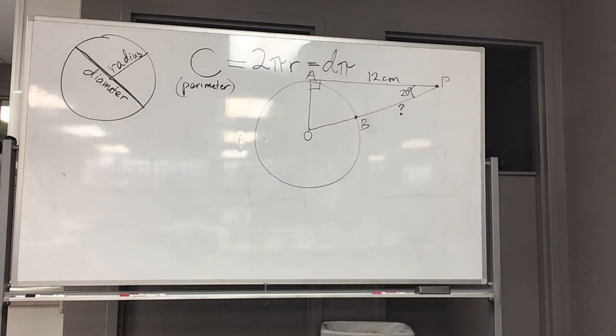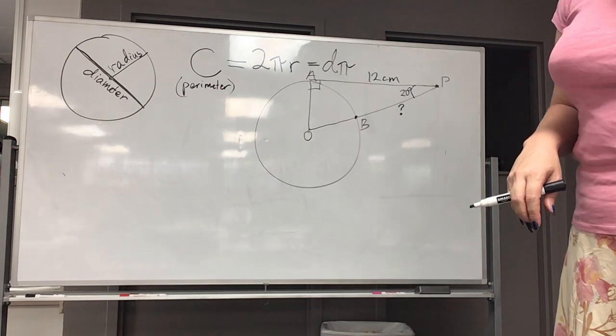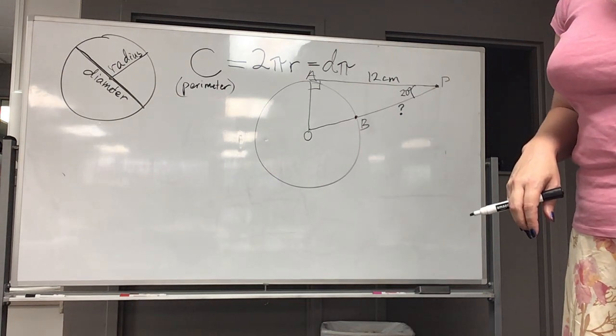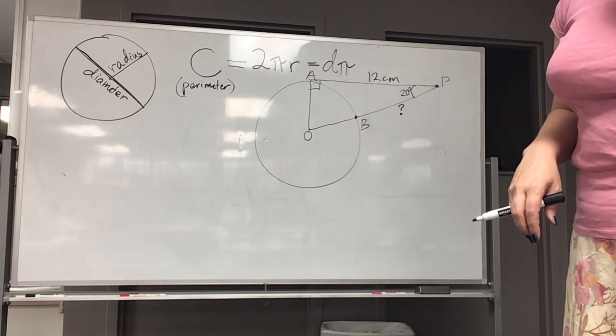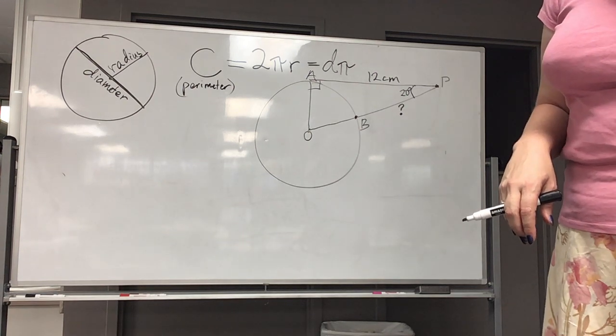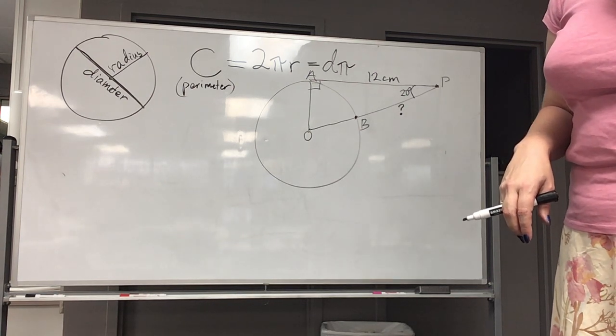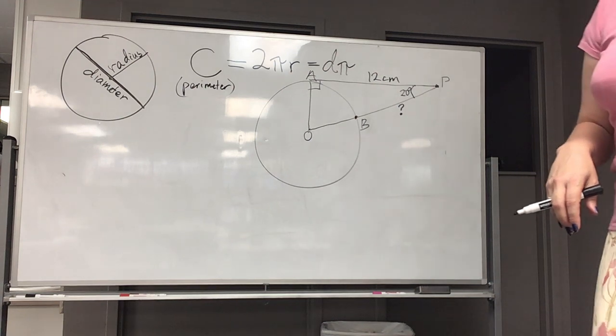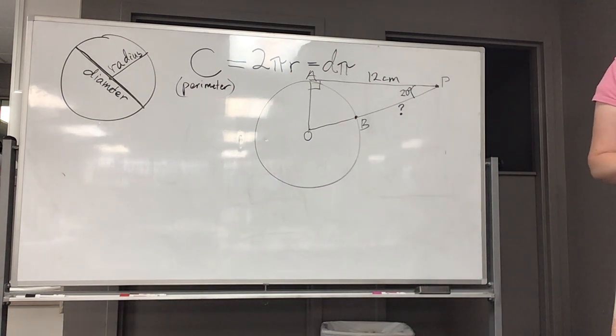So again, we have trigonometric ratios going on because we are given an angle and a right triangle, and we're asked to find a length. In this problem, they say, note, sine of 20 is 0.342, cosine of 20 is 0.940, and tangent of 20 is 0.0643.